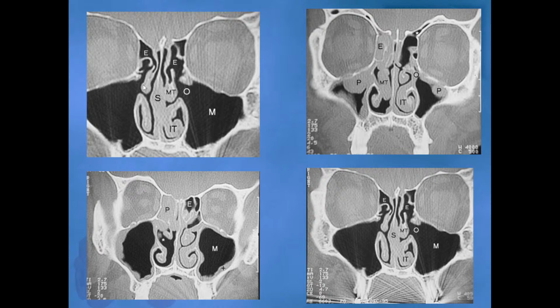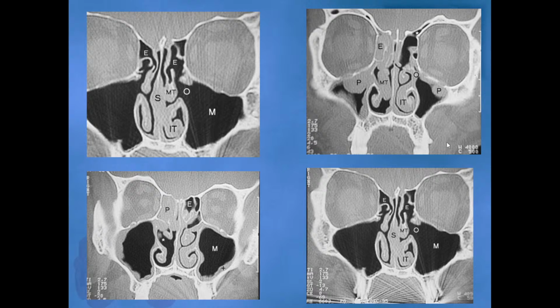For example, here is the picture of a patient after operation, because here the processus uncinatus is removed during operation, and you see a big opening of the maxillary sinus into the nasal cavity.